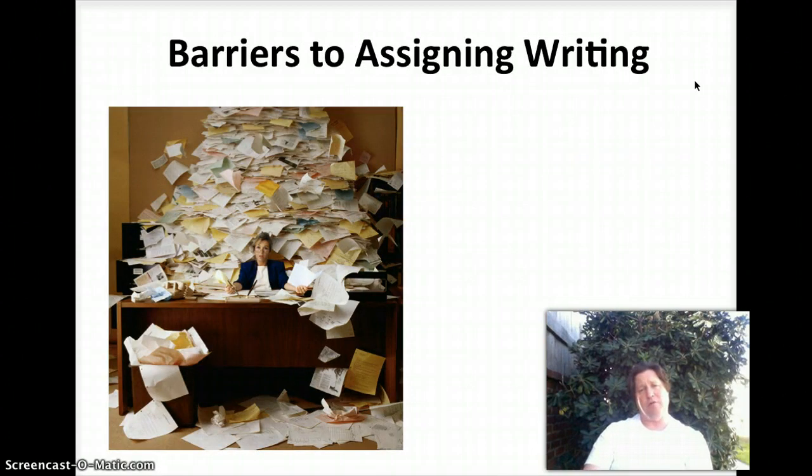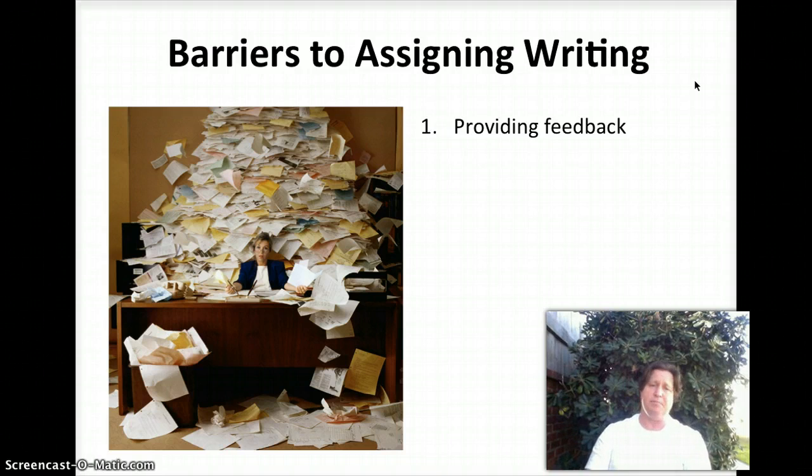So let's start right away and talk about what I consider the 3 biggest barriers to assigning writing in history classes. The first problem is providing feedback, and as you can see from this teacher, providing feedback has overwhelmed this poor woman. She's got papers stacked up everywhere.